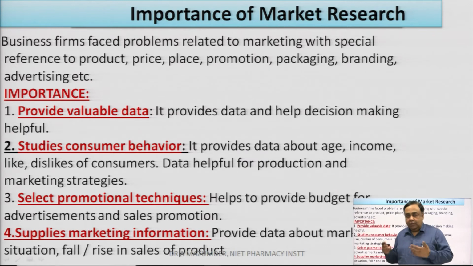It is helpful for the R&D team for a similar perspective. It is also useful for the marketing team to frame their marketing strategies. Therefore, market research will help you to provide information about age, income, likes, dislikes of the consumers. It includes all sorts of information, data which a consumer gives.